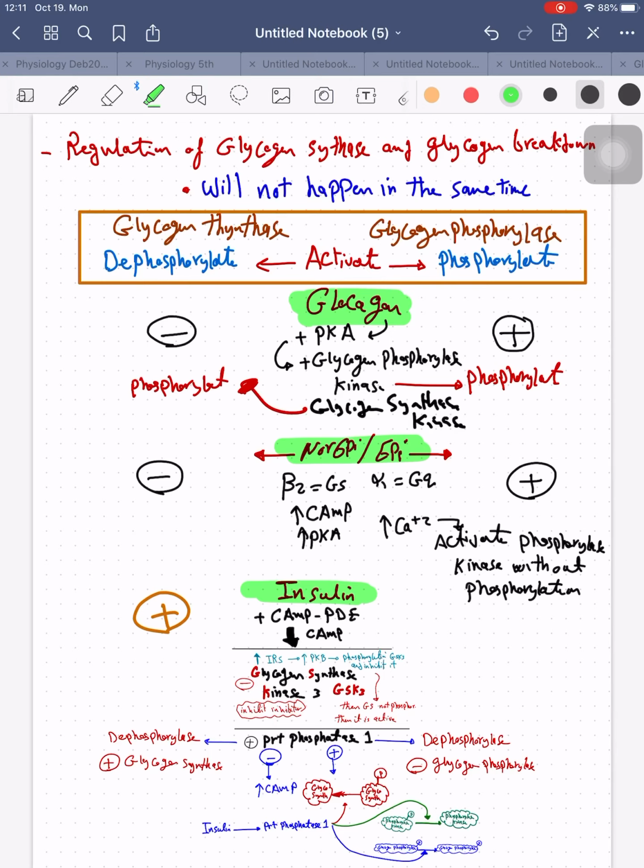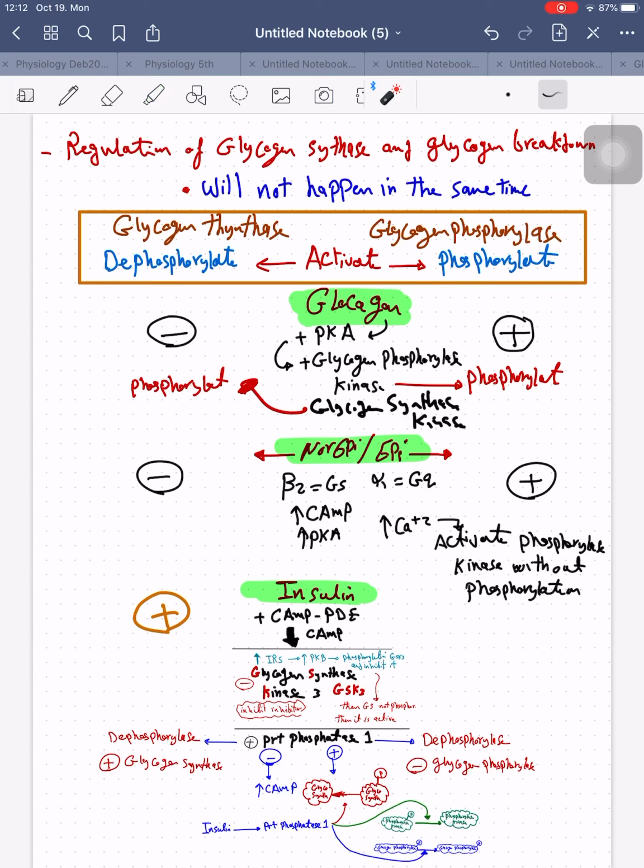When we have low glucose in our body, we need to release glucose, so glucagon will be released from the pancreas. Glucagon goes to a specific receptor in our liver cell and muscle cell. That receptor of glucagon is Gs, G stimulatory.